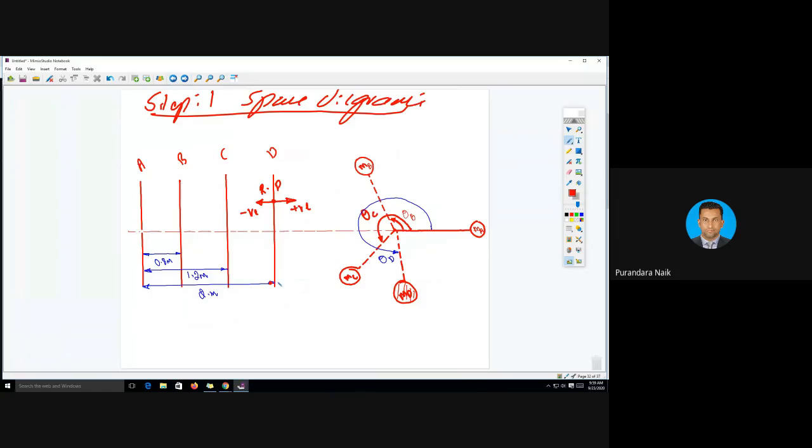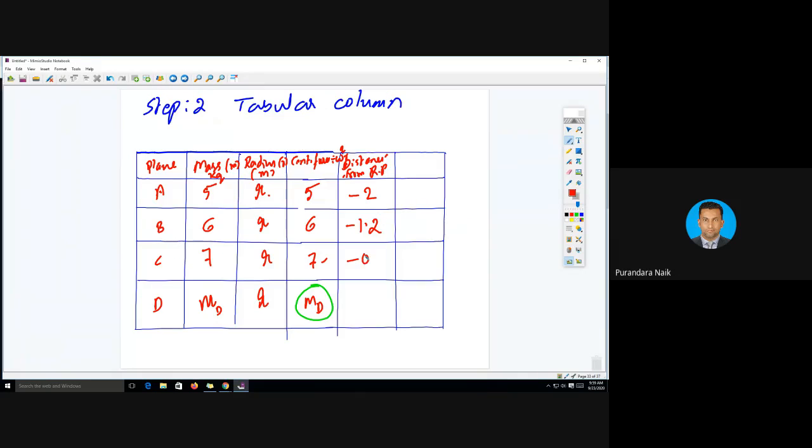Next, C to D, 2 minus 1.2. Tell me the answer, couple. Minus 10. First one minus 10, second one 7.2. Minus, next minus 5.6. Next you can draw the couple polygon.